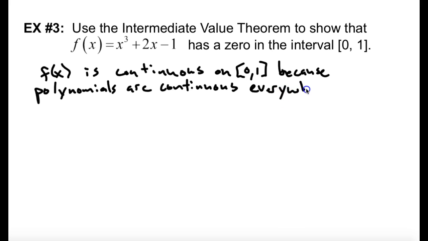Then we want to check the y values of our endpoints. So I want to plug in 0 and 1 into my function. So f of 0 is equal to 0 plus 0 minus 1, so -1. And if I plug in 1, I get 1 plus 2, which is 3, minus 1, which is 2.